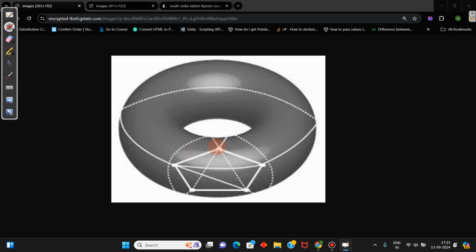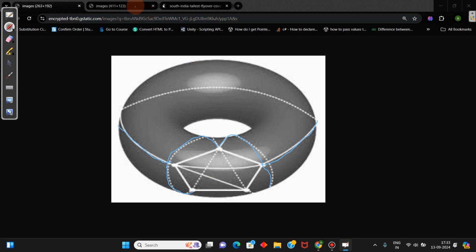Now the two more edges we are taking from the backside like this, so they are not intersecting now. And one more edge is on the surface like this, and they are joining, so none of the edges are intersecting, and this K5 becomes planar.